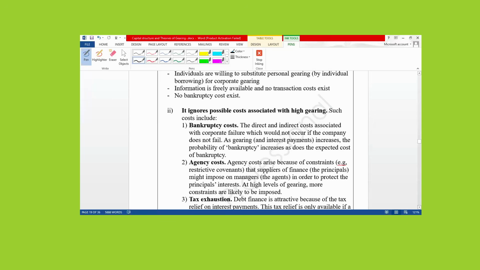The agency costs arise because of constraints or restrictive covenants. We explain this. Covenants, the loan covenants, are conditions attached to your borrowing that can create conflict between the agents, between the owner of the business and the manager.